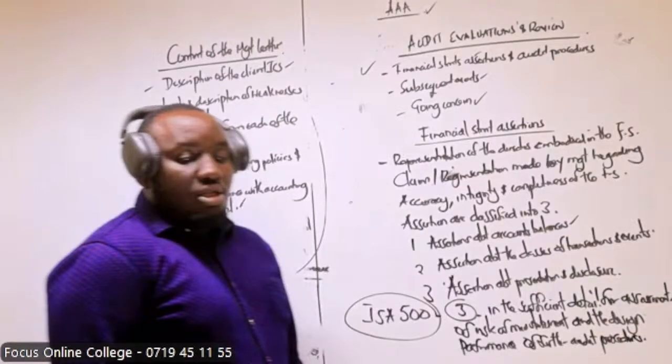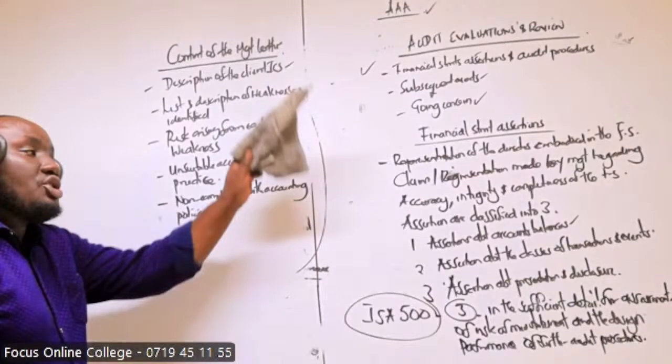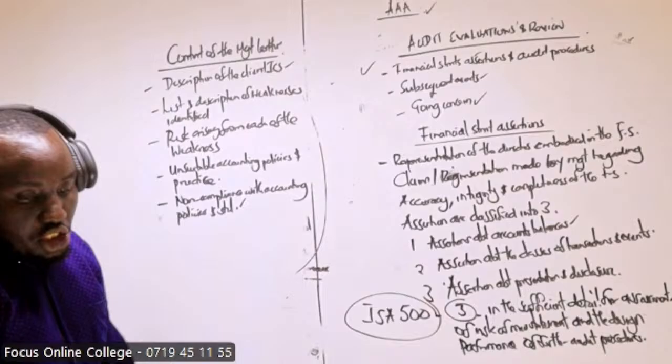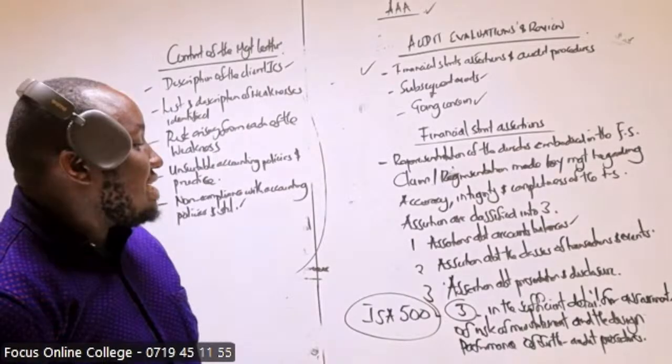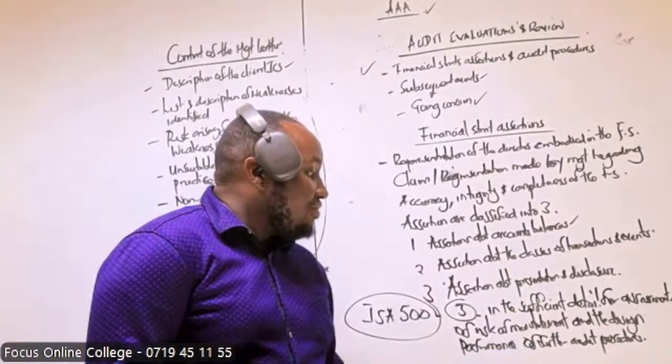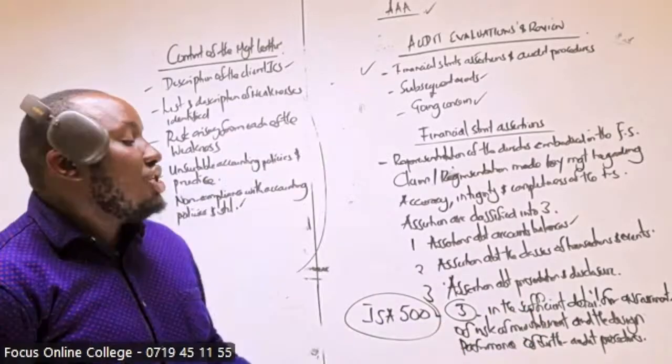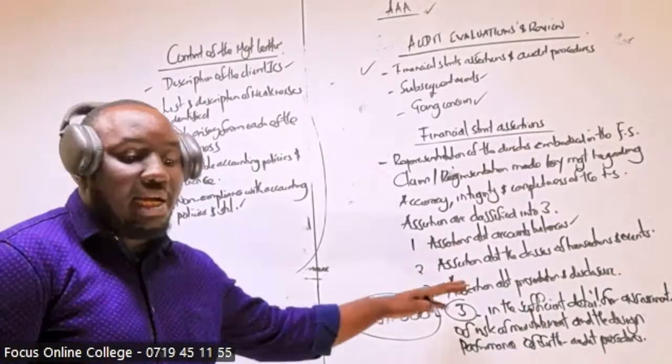Together, that is ISA 500, and it talks about this together. So the auditor should basically use assertions on the three in sufficient detail for assessment of risk of misstatement and design and performance of further audit procedures. That's why you should use the three as assertions.